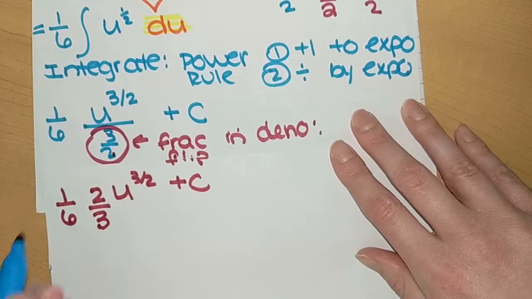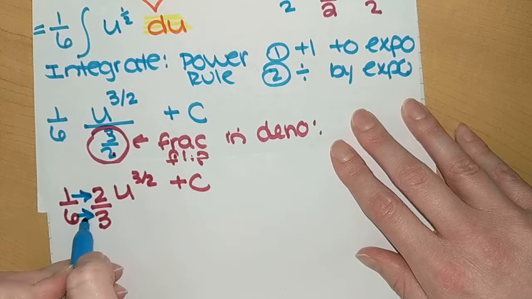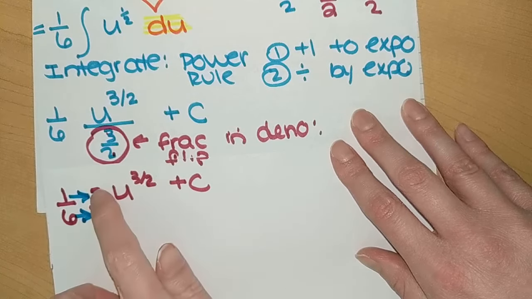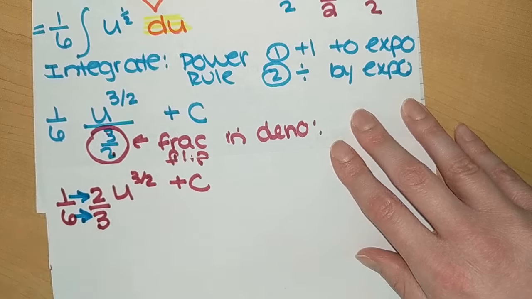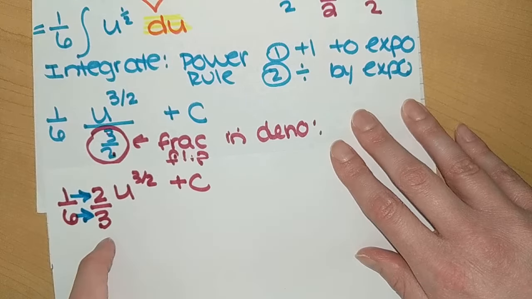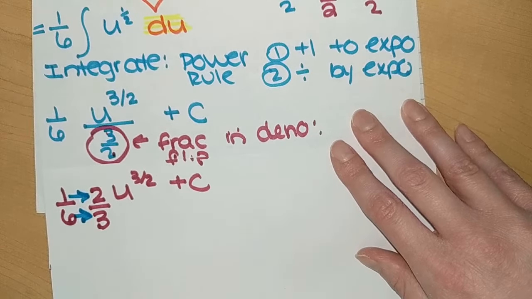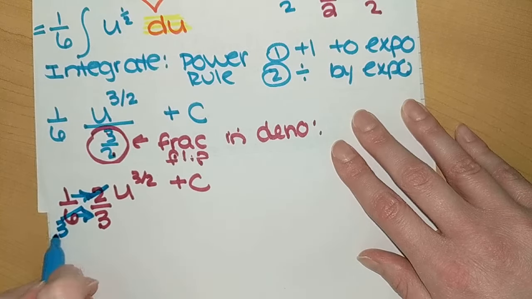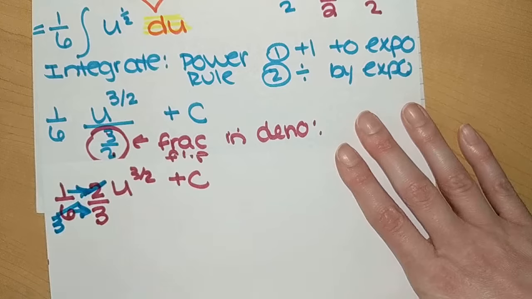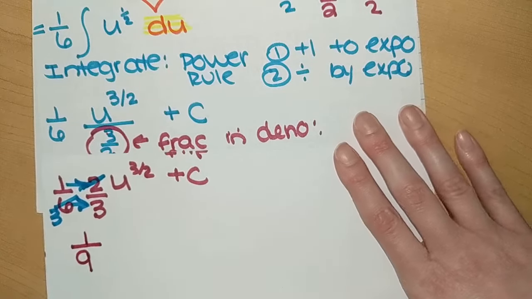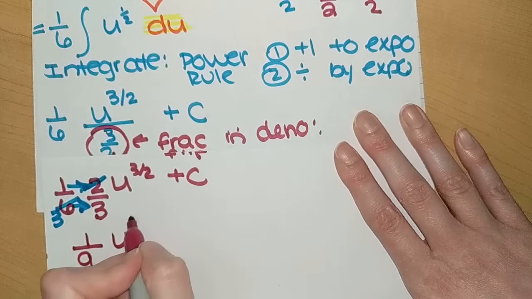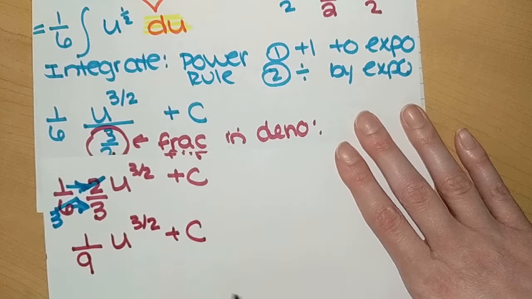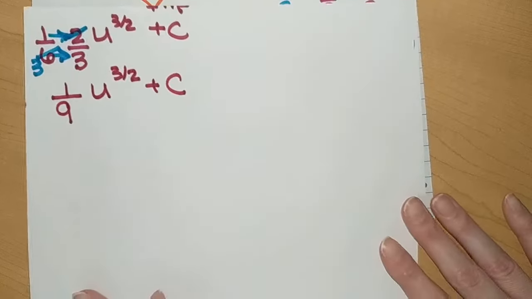All right, so with fractions, remember, you multiply straight across. You could say that the 2 and the 6 cancel, or you could say it's 2 over 18 and then reduce to 1/9. It really is all up to you. So this 2 and 6 reduce to give you a 3 in the denominator, and that leaves you with 1/9, and then u to the 3/2 plus c. So that is our simplification of the integral.